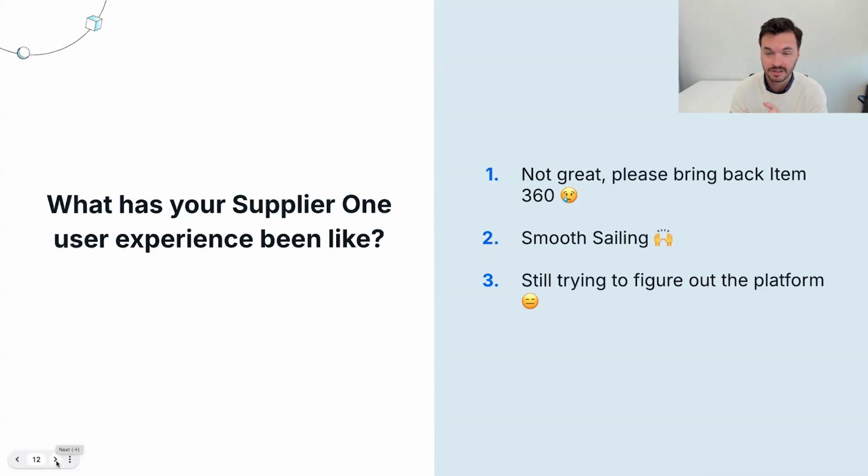The Luminate data is apparently more accurate than DSS was, so a lot of people are seeing new numbers that are a little bit disturbing. So I think by and large, transitioning from Item 360 to SupplierOne hasn't been as big of a pain point. That's what I've heard. But it is a huge app, and there's a lot more going on in SupplierOne than just item management.